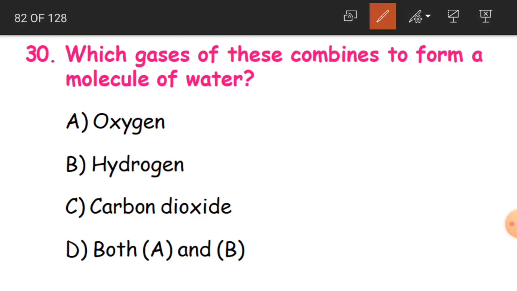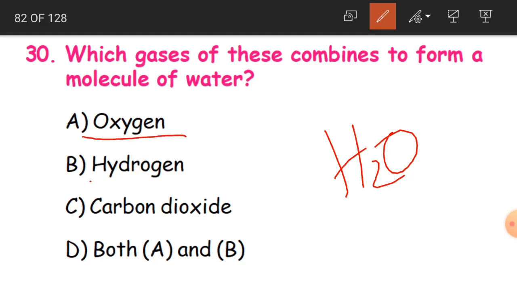Now the 30th question: which gases of these combine to form a molecule of water? In the lesson we have learnt the chemical formula of water. It is H2O. So what has been combined here?